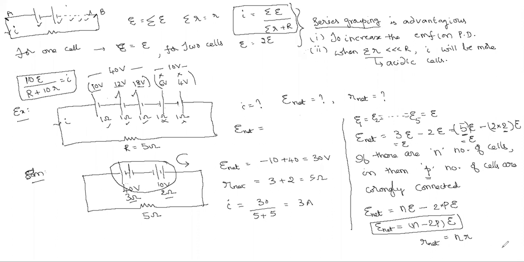Now try to give the answer quickly for this question previously given in the IIT advanced exam. He said that there is a box of batteries. In that, 12 identical cells are taken. Each has an EMF of 10 volts and an internal resistance r equal to 0.5 ohm. That box contains 12 cells, Nana.